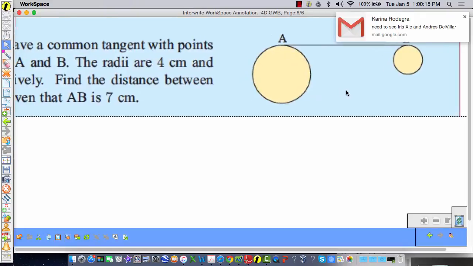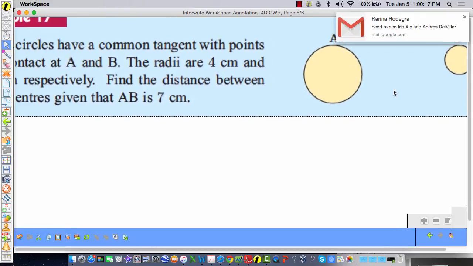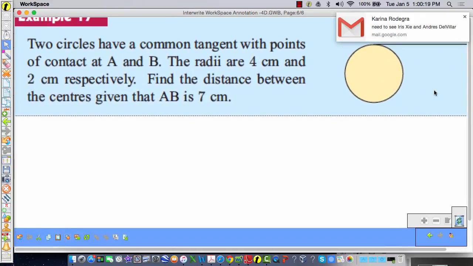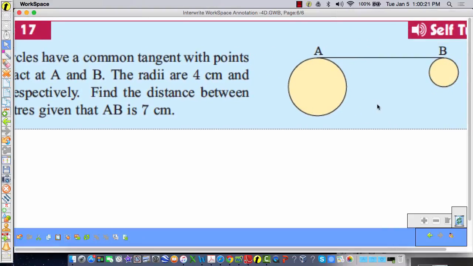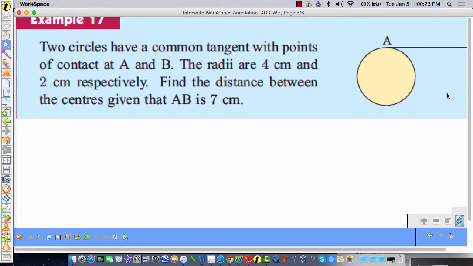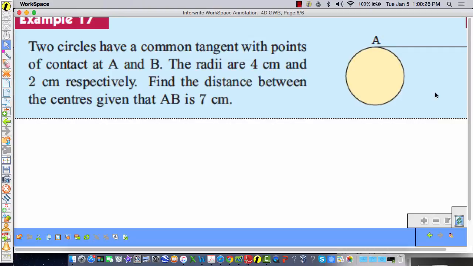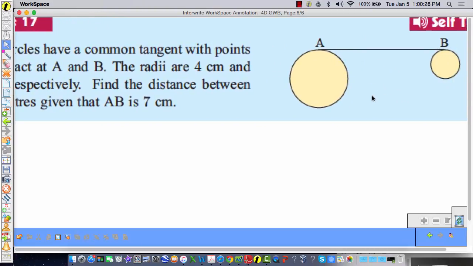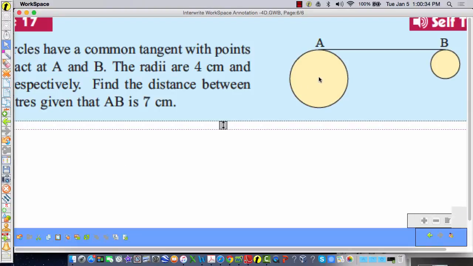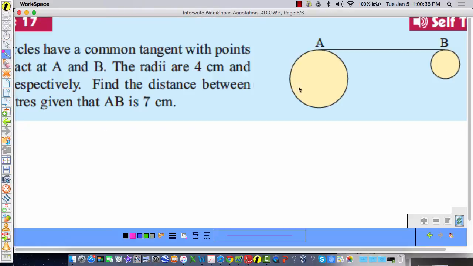Okay. So I've got 2 circles that have a common tangent with points of contact at A and B. Okay, so we've got that. And the radii are 4 centimeters and 2 centimeters respectively. So let's draw those. So let me estimate the centers of my circle. Maybe here. Oops, need the pen.